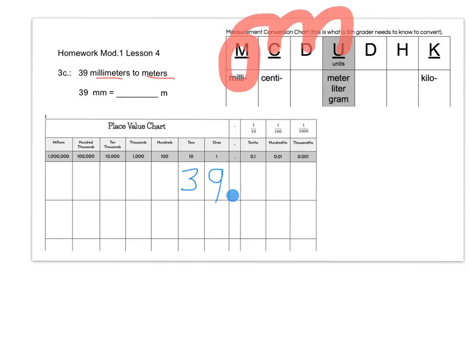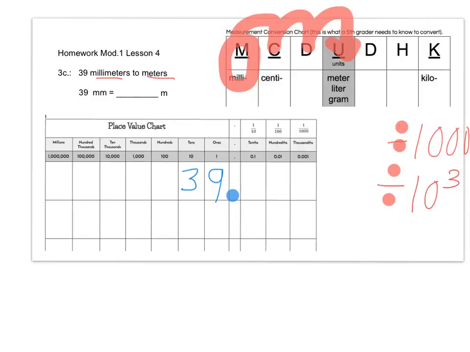1, 2, 3. So that means that we are dividing by 1,000. Or another way to write that would be to write divided by 10 to the third. And the number we're dividing is 39.